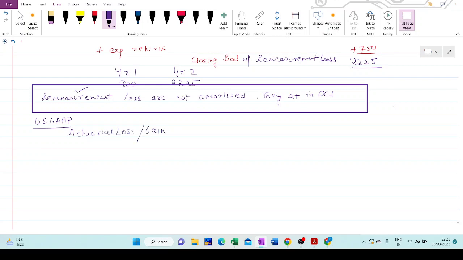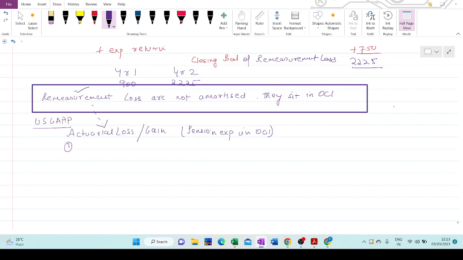This too is reported in the OCI, right? So pension expense reported in OCI under US GAAP is known as actuarial loss or gain, right? However, the components are the same as IFRS.